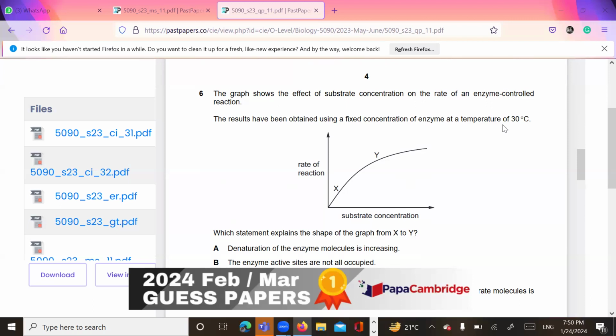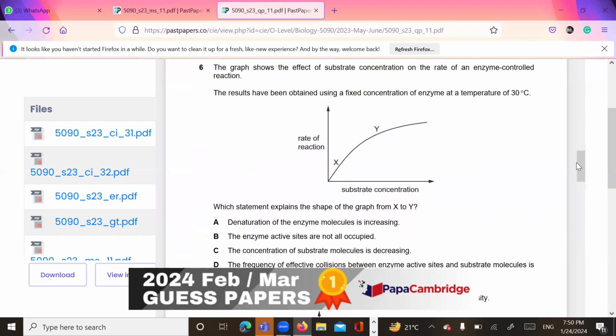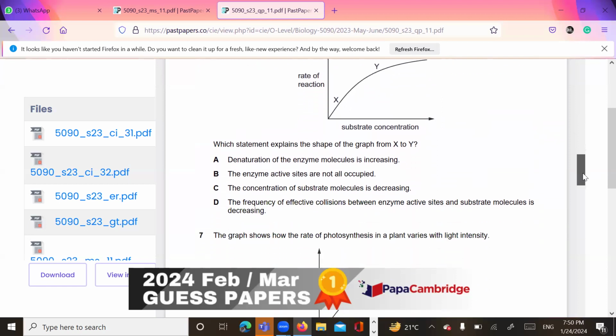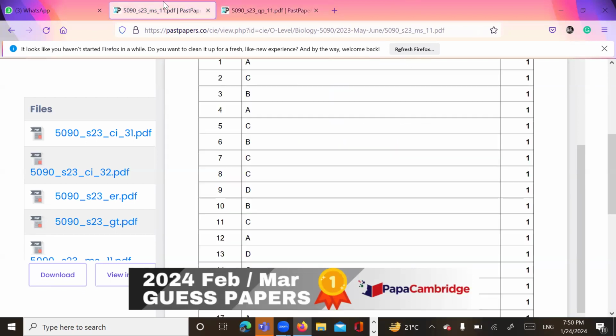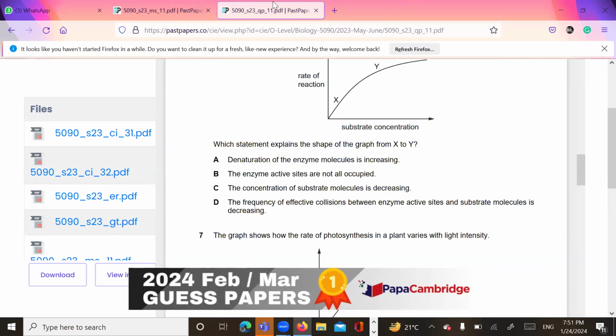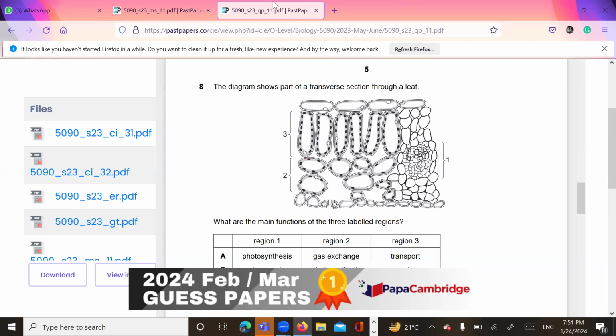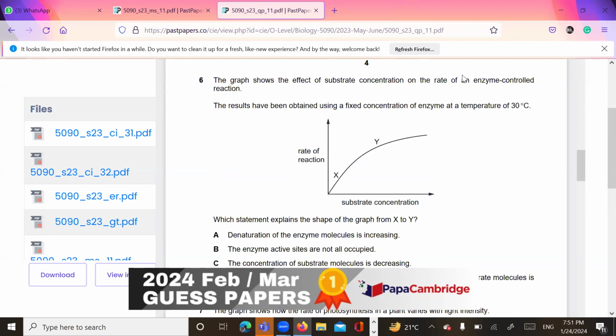Denaturation of enzyme molecules is increasing, then the concentration of molecules is decreasing. I would say 6A, 6B. Then the enzymes are not all occupied. Okay, so it's 6.